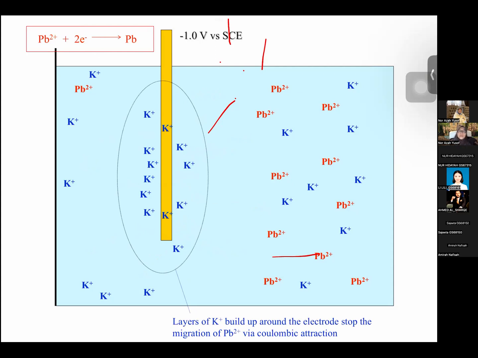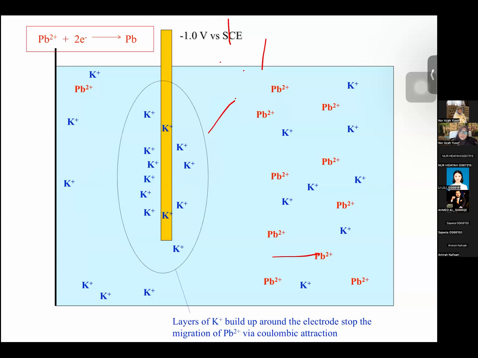We don't want K plus to be on the layer of the electrode because this will prevent the migration of Pb2 plus, because what we want is Pb2 plus to be close to the electrode. But instead, K plus is there because they have the same charges, so they sort of repel each other.